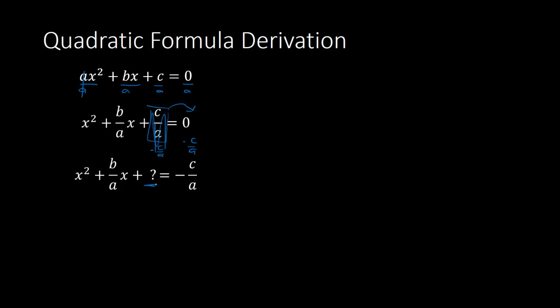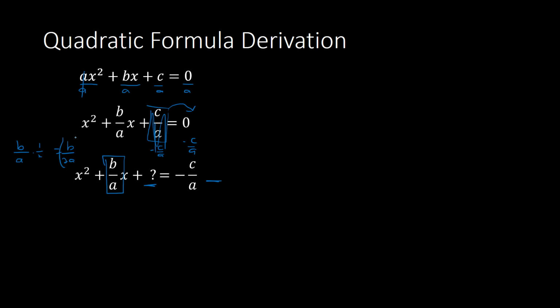Now remember, I need to add something here and here to force the left side to be a perfect square. Well, what do we add there? All I do is take this number, b over a, whatever that's going to be, take half of that, and then square it. So half of b over a would be the same thing as multiplying by 1 over 2, which would just be b over 2a.